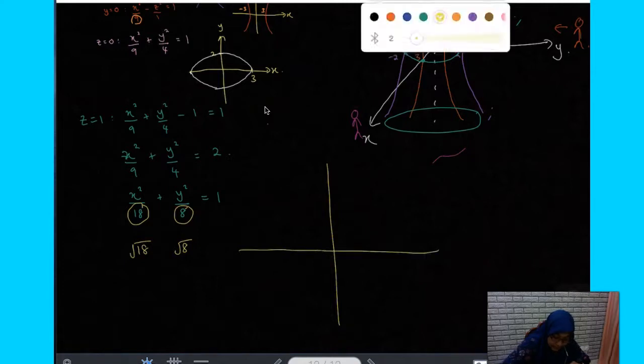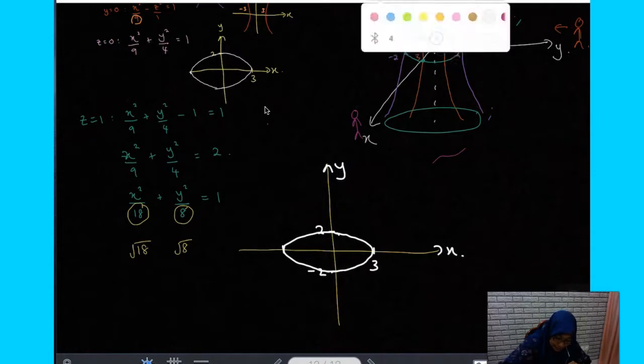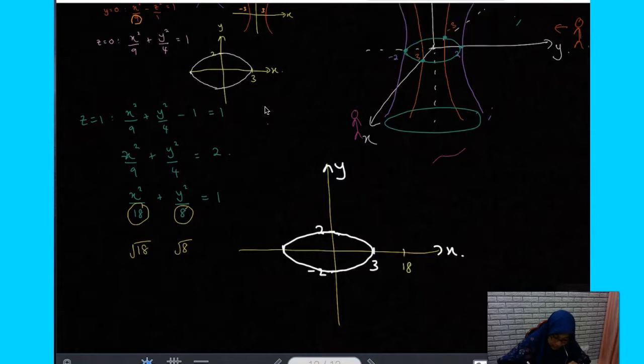So the previous one we have 2 and we have 3 on the y-axis plane. So we have this ellipse. And this one we have a larger ellipse. So this one square root 18 and this one square root 8.